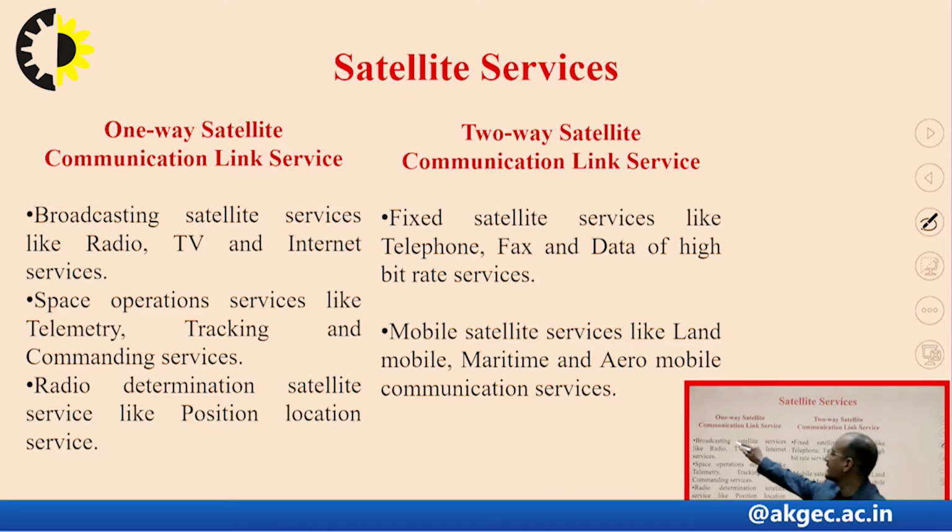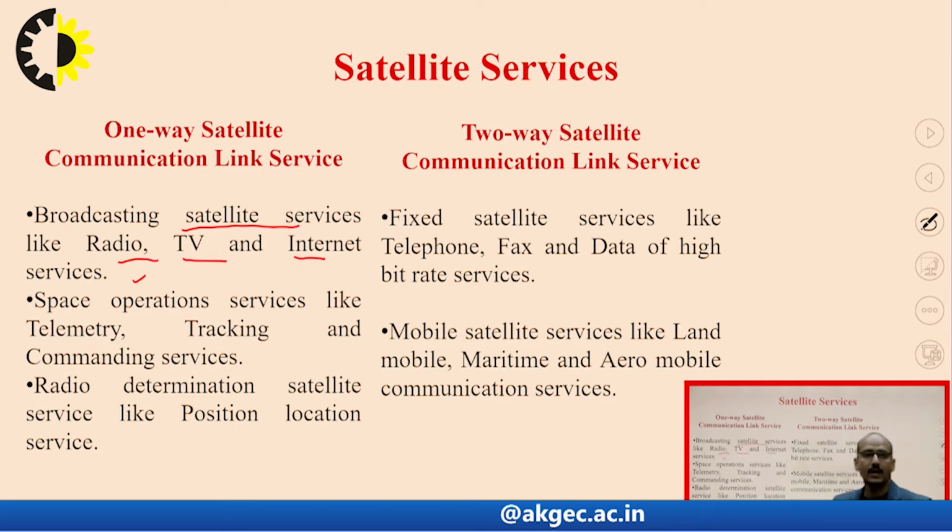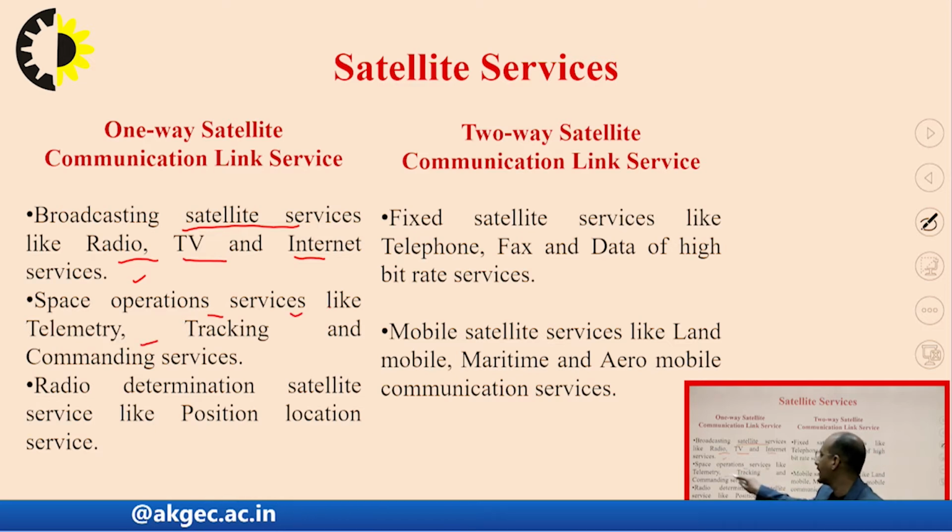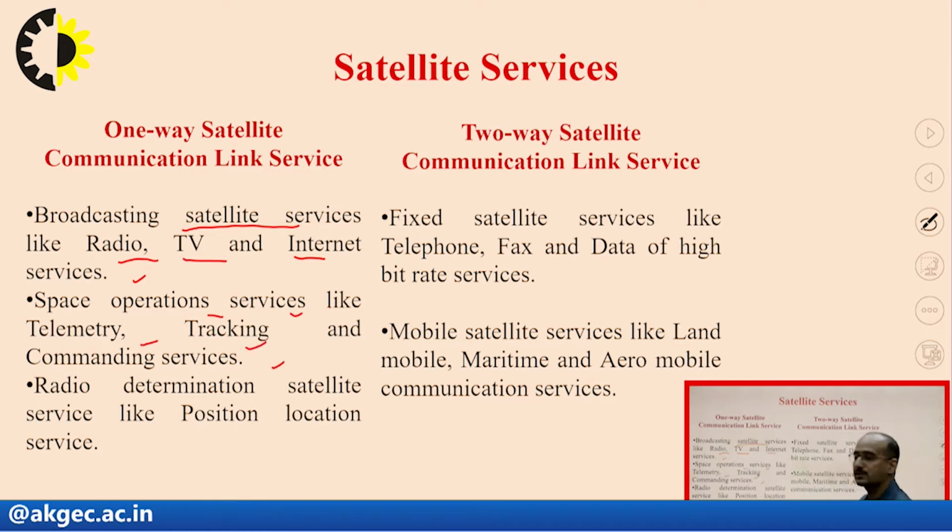So broadcasting satellite services like radio, TV and internet services are one-way satellite link services, and space operation services like telemetry, tracking and command, and radio determination satellite services like position location services, are also considered one-way satellite communication link services, in which at a time only one link is active, either uplink or downlink.